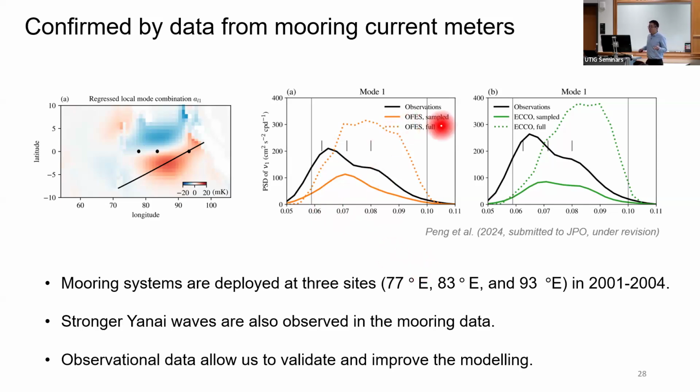These results are important from a physical ocean perspective, because if we want to get better modeling, we need to know what kind of boundary conditions and what kind of model parameterization we should use. And the observational data just help us to validate or guide us to see which one is better.